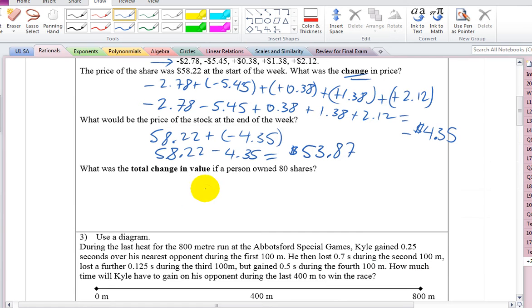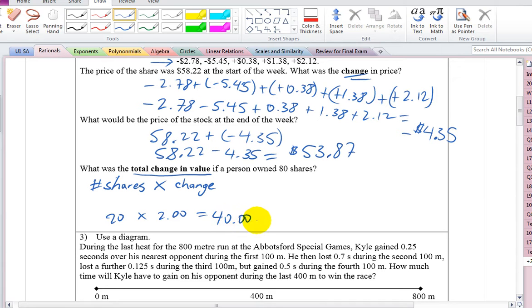Now, what's the total change in value if a person owned 80 shares? Okay, so what we have to do is multiply the number of shares by the change. Okay. So how stocks work, if you own 20 shares and say the price went up by $2, then that means you gained $40 if you sell your shares.